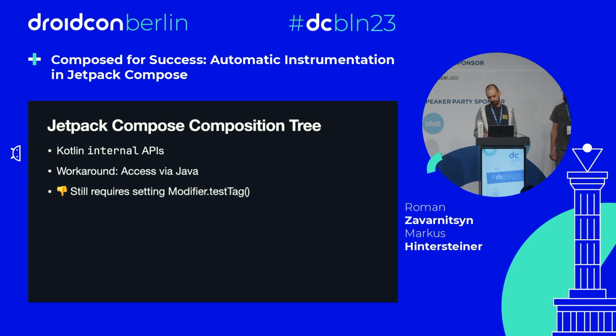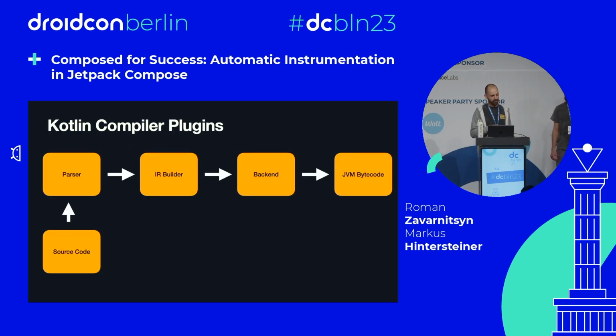So we actually went further down the rabbit hole and looked into Kotlin compiler plugins to solve the last missing piece of our puzzle. If anyone from JetBrains is in this room, please bear with me. This is just a mental model. It's not 100% correct. So when we compile Kotlin code, we start off with our source code.